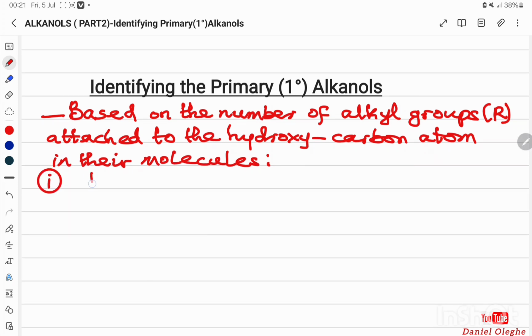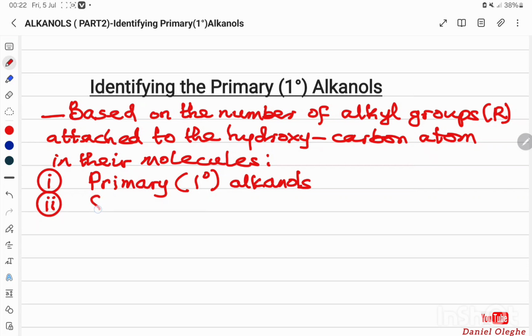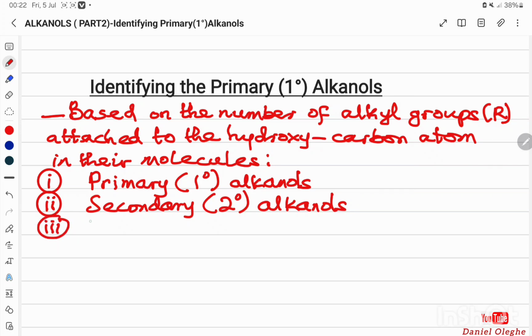We have those that are called primary alkanols, secondary alkanols, and lastly, tertiary alkanols.